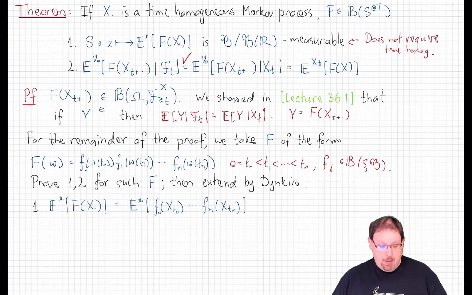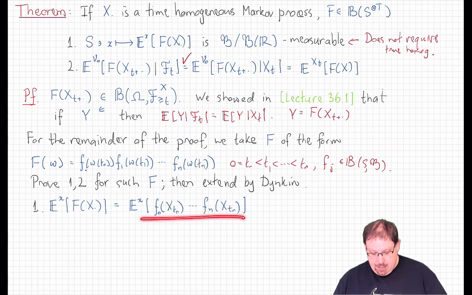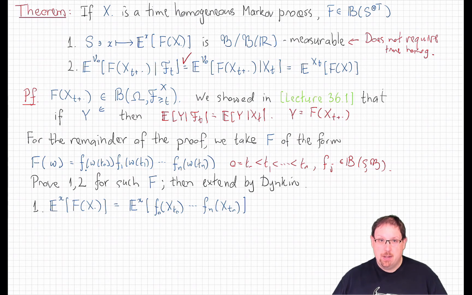So for property 1, the measurability claim, the expectation of that function of the process in starting distribution x, well, that just means this here. We're taking these functions of the process at those times. And now we know how to evaluate that in terms of the transition kernels.